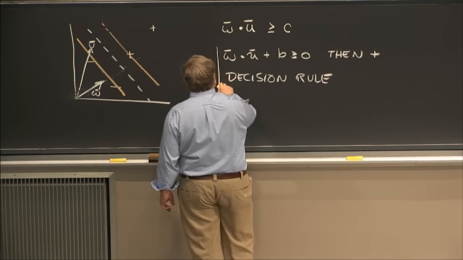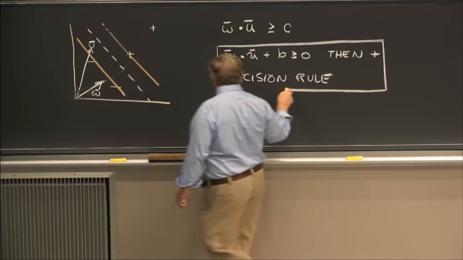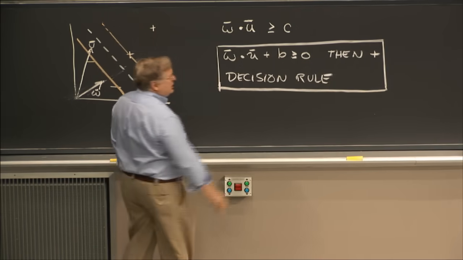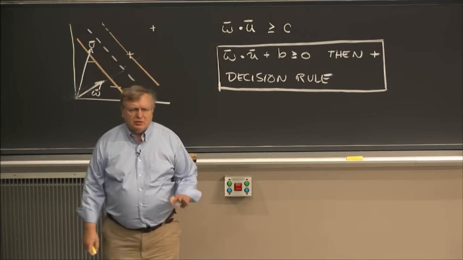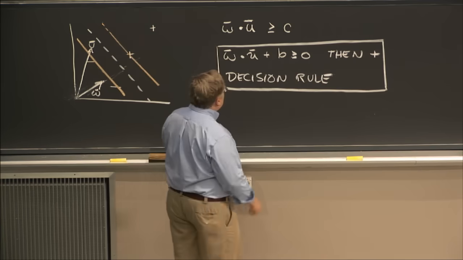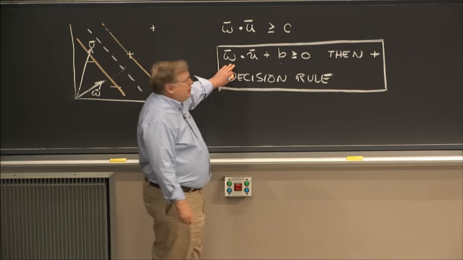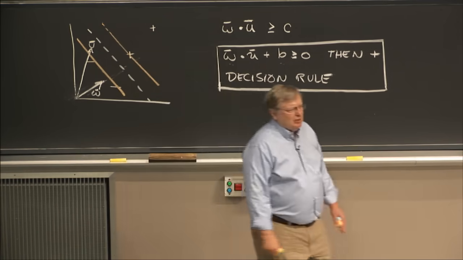And this is the first in several elements that we're going to have to line up to understand this idea called support vector machines. So that's the decision rule, and the trouble is we don't know what constant to use, and we don't know which W to use either.